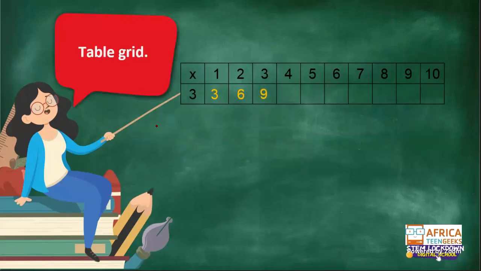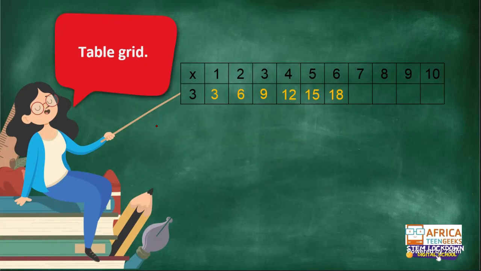What is 4 times 3? 12. Well done. 5 times 3? 15. Good. 6 times 3? 21. 6 times 3, look again. 6 times 3 equals?